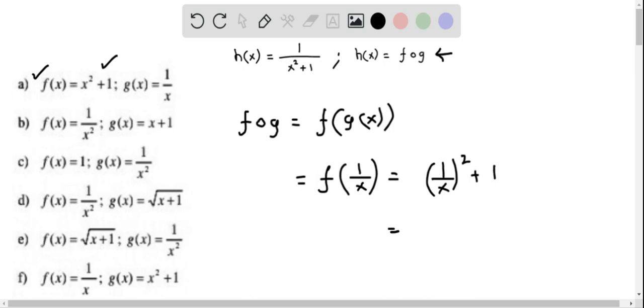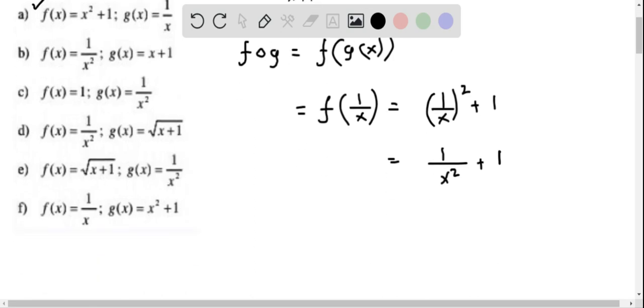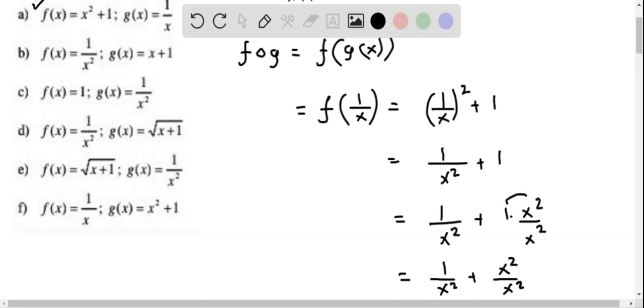Let's simplify this. This equals 1 over x squared plus 1. We will put this as a simple fraction: this is 1 over x squared, and I multiply the 1 by x squared and divide by x squared so that I get a common denominator. So this equals 1 over x squared plus 1 times x squared, which is x squared, over x squared.